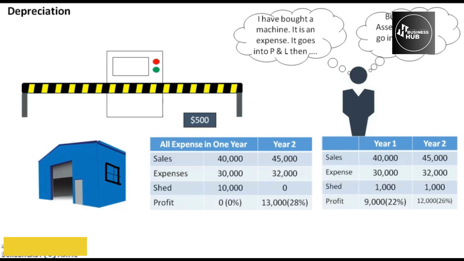So this concept of subtracting a part of the whole expense of an asset is called depreciation. Also, in the balance sheet, in the second year, the value of the shed is considered as $9,000, not $10,000, because probably the shed has lost some of its value. That is, it has got depreciated.